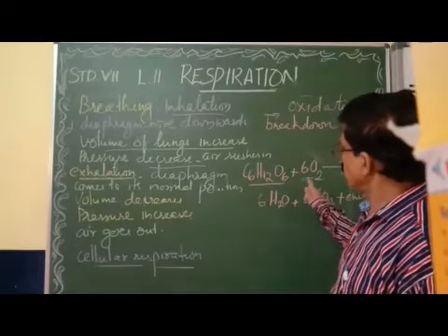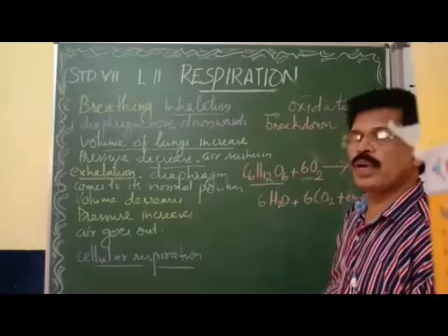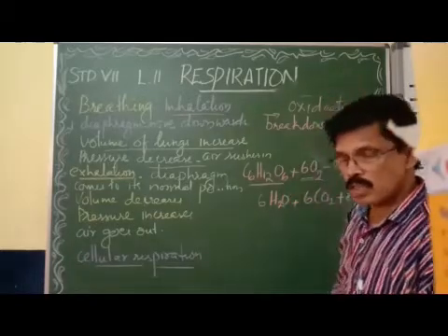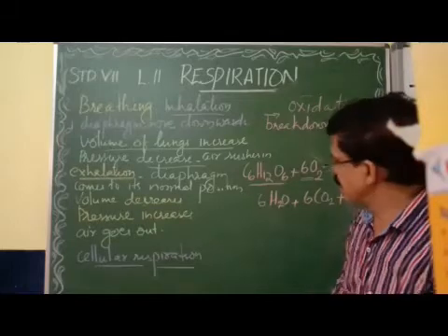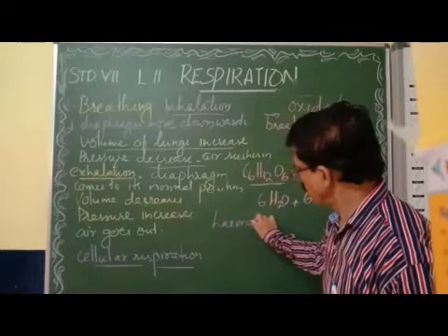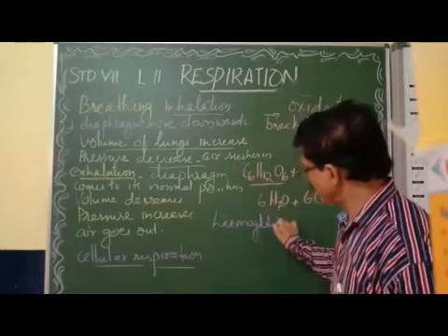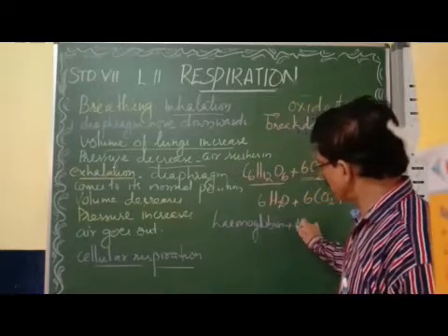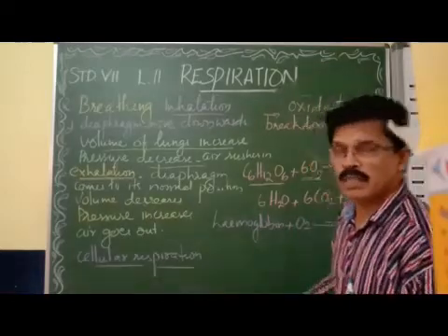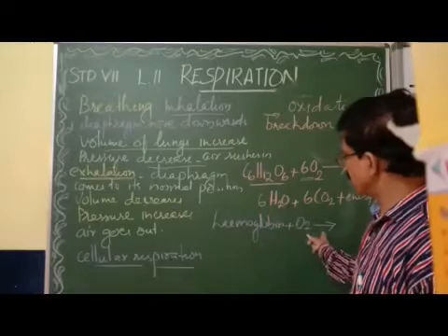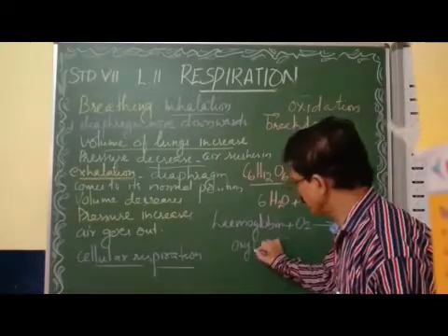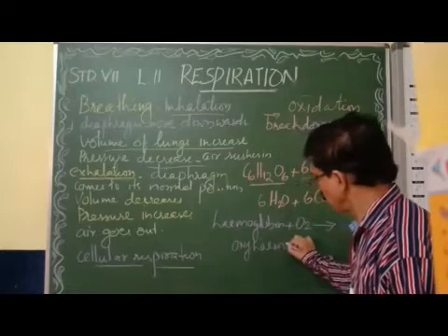Now, first of all, the oxygen has to be transported to the cells. Who transports oxygen? Yes, it is hemoglobin, in the blood. Hemoglobin in the RBC combines with oxygen to form oxyhemoglobin.